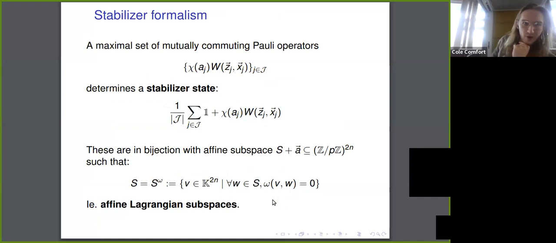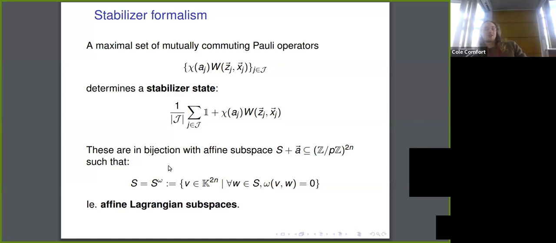So if you ask for a maximal set of mutually commuting Pauli operators, and I said in the previous slide that all Pauli operators have this form, then this determines what's called a stabilizer state by taking the joint projector onto all of these subspaces determined by these Pauli operators. You normalize by the number of terms in the sum, and then you project onto each Pauli operator here. In the language of symplectic geometry, this maximally commuting set of Pauli operators determines what is called an affine Lagrangian subspace.